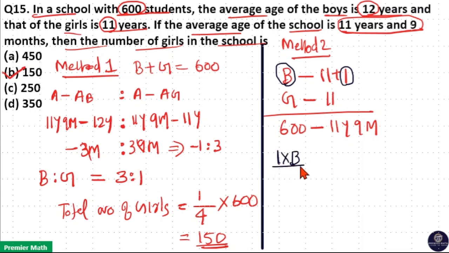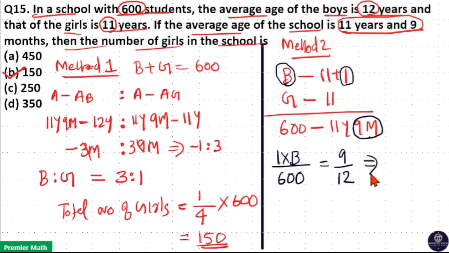1 into B, this number should be equally distributed to the 600 students. Now 1 into B by 600 is equal to this extra 9 months. Because 11 is common, I have taken 11 as common. Now extra is 1. This 1 into number of boys should be equally distributed to this total number of students 600. Which is equal to this extra 9 months. So 9 months is equal to 9 by 12 years.